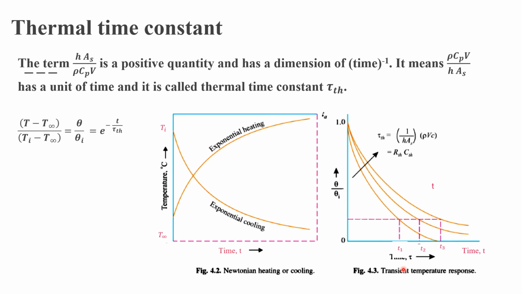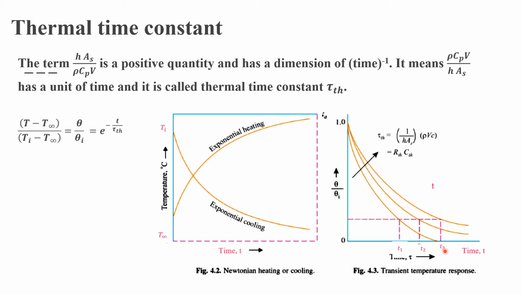The second graph, the transient temperature response graph, shows the importance of the thermal time constant. As the thermal time constant increases, the time taken to reach a particular temperature also increases. When the thermal time constant is low, the first line, T1, is the time taken to reach a particular temperature, but for the third thermal time constant, to reach the same temperature it takes more time.